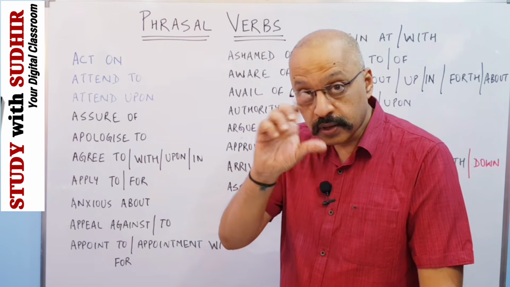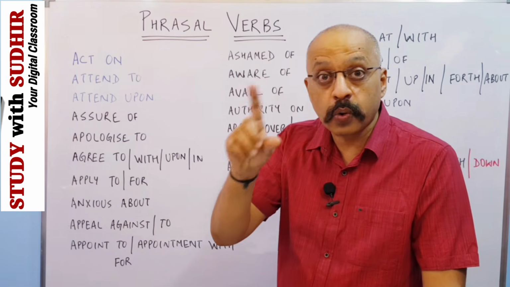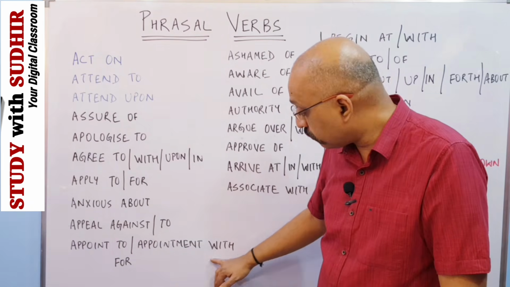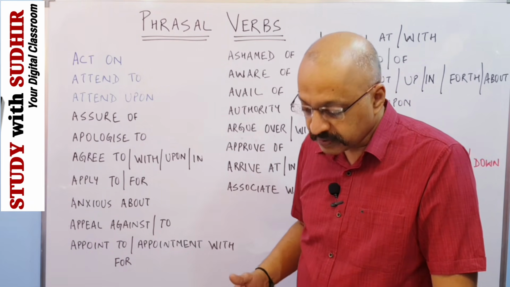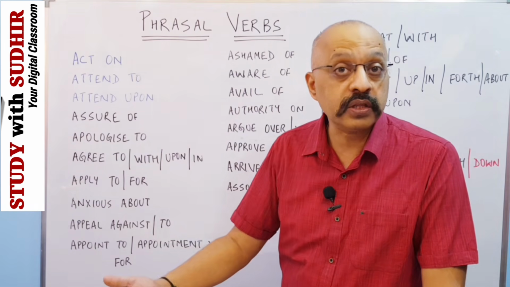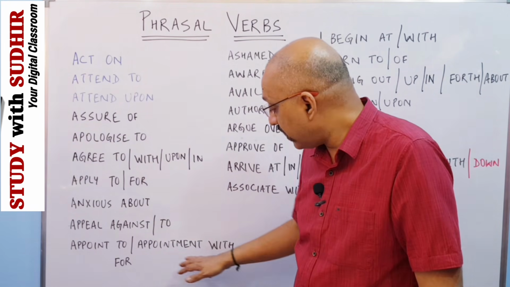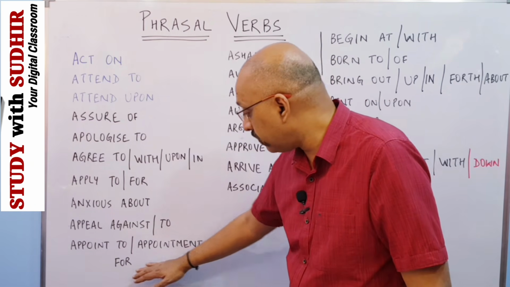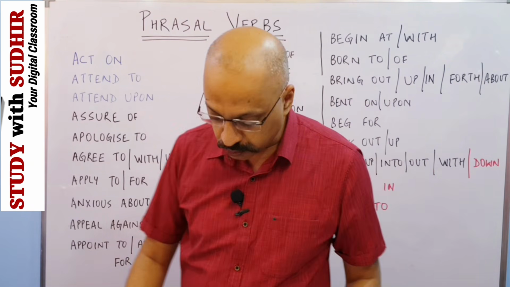So you need to understand one is to and one is for. When it comes to appointment, it will be with, in the sense that I have an appointment this evening with the doctor. I have an appointment with the doctor this evening. So it will be with when it comes to appointment. Please remember the distinction here.